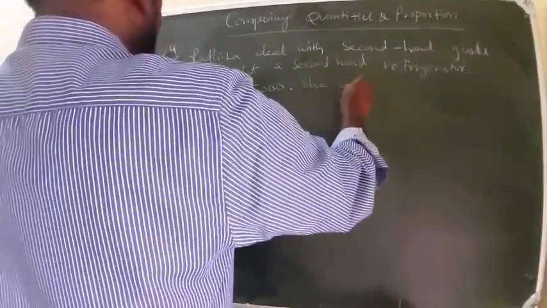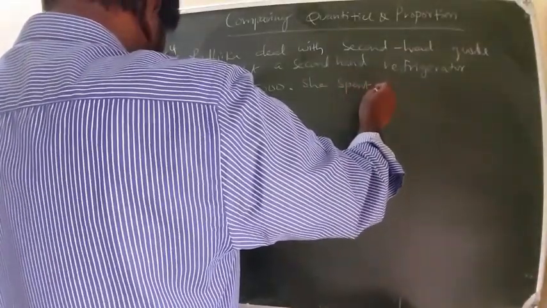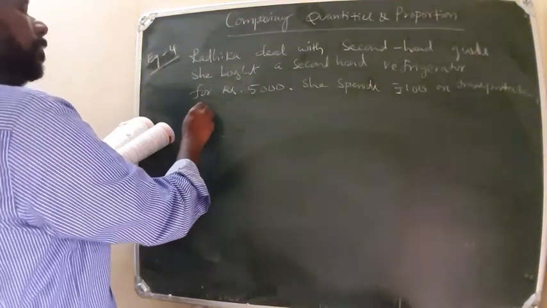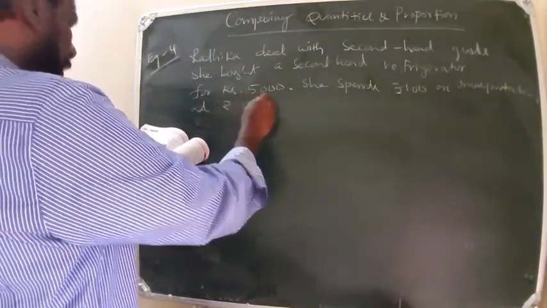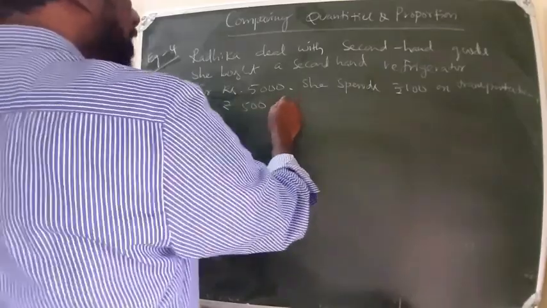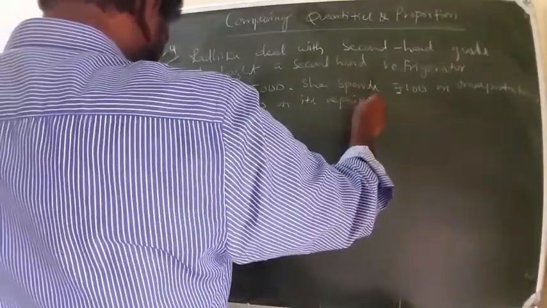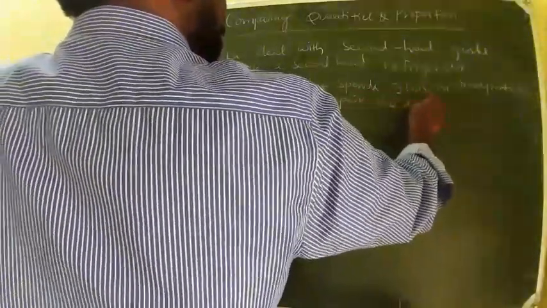She spends rupees 100 on transportation and rupees 500 on its repair. She sells it for rupees 7,000.